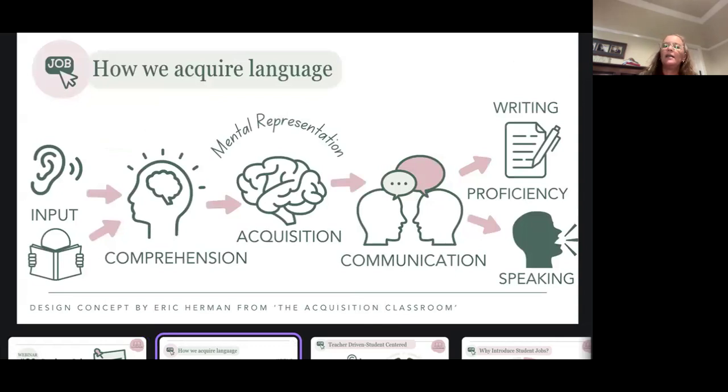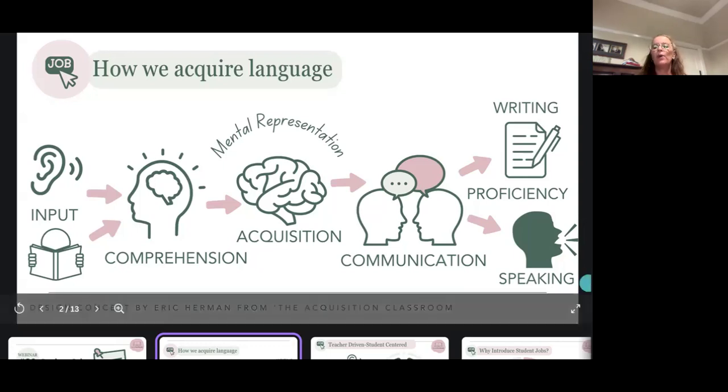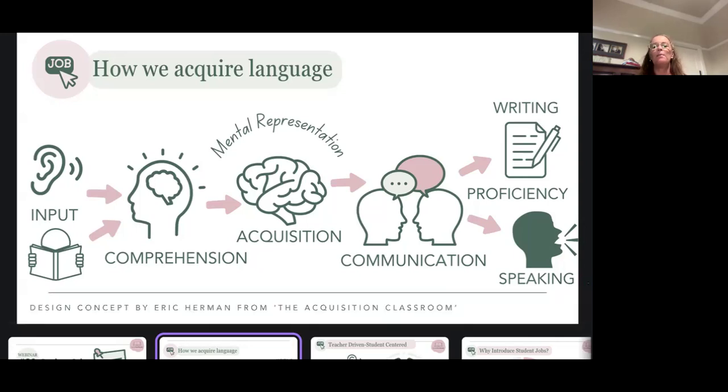So in second language acquisition, we know that comprehensible input is the key to acquiring language. Our students need to hear, to listen, and to see, that is to read, a constant flow of language that they understand. And comprehensible input helps then to build the mental representation, and this leads to acquisition.